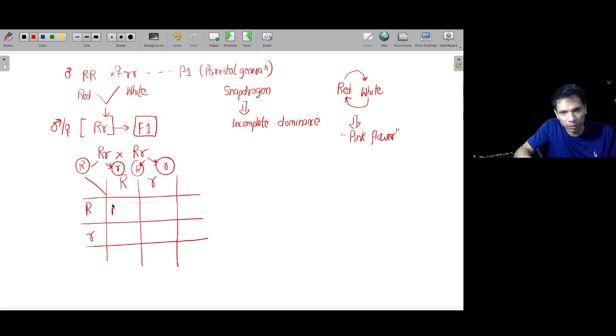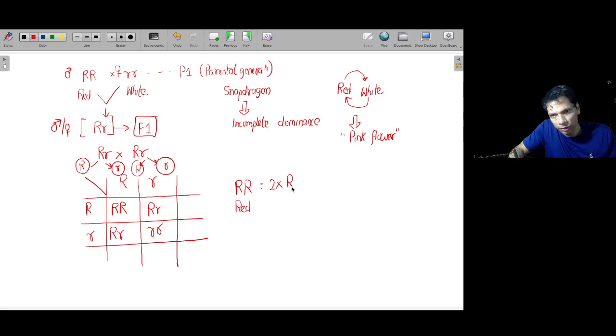When you cross this, you have RR, Rr, Rr, and rr. RR will give you red, the two Rr will give you pink, and rr will give you white. So basically the ratio is 1 is to 2 is to 1.